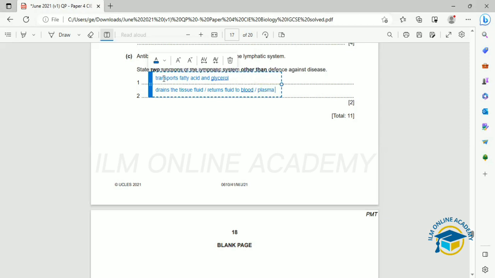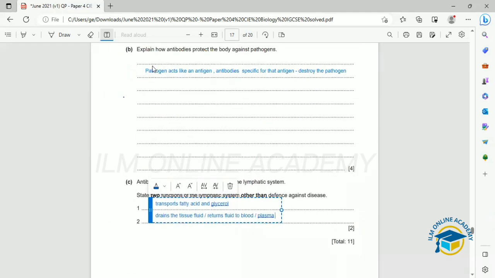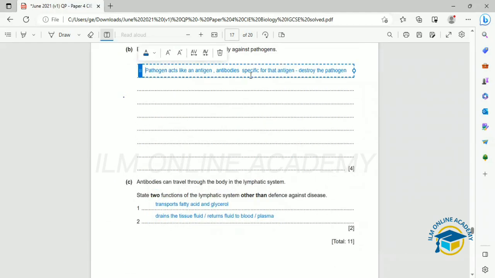All right, that's that. Let's do this a little bit in detail so that we can end this lecture. We say that pathogens have antigens. In fact, not acts like; let's say pathogens have antigens, that would be a better term. So pathogens have antigens and antibodies lock onto those antigens.